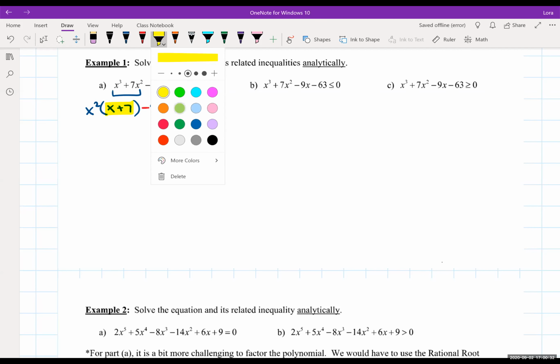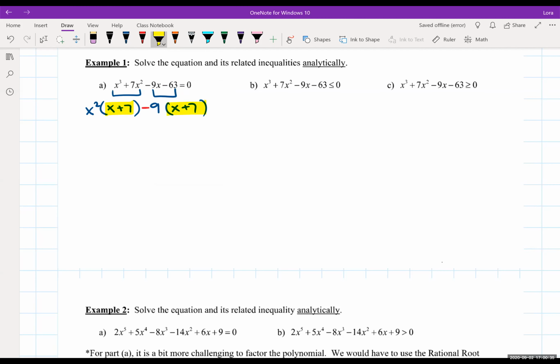So you can see factoring by grouping is serving us well. We're not quite done with the factorization though. Remember, you would pull out this common binomial factor, which is an x plus 7. And then you have your remaining x squared minus 9, still equal to 0.